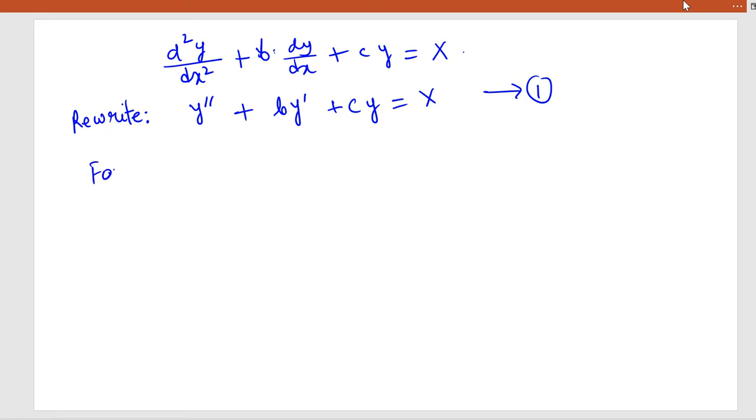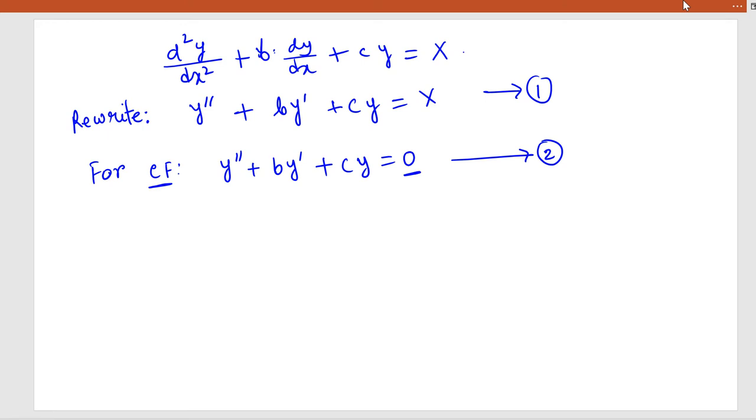For CF, y double dash plus by dash plus cy equals to 0, because for finding the CF, we need the right hand side to be 0. Let us call it 2.